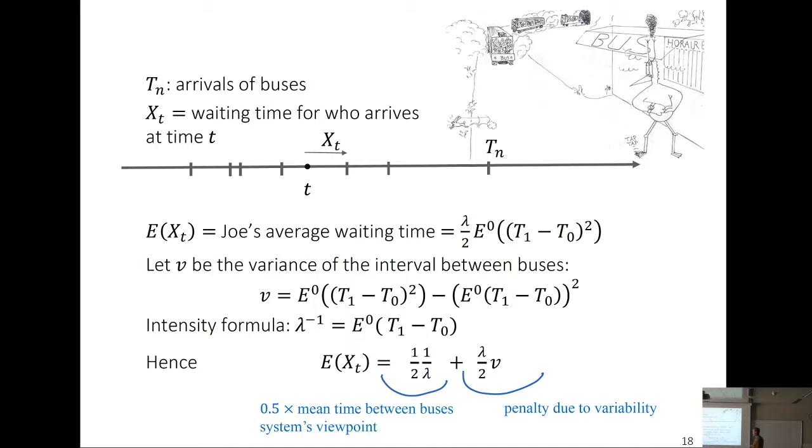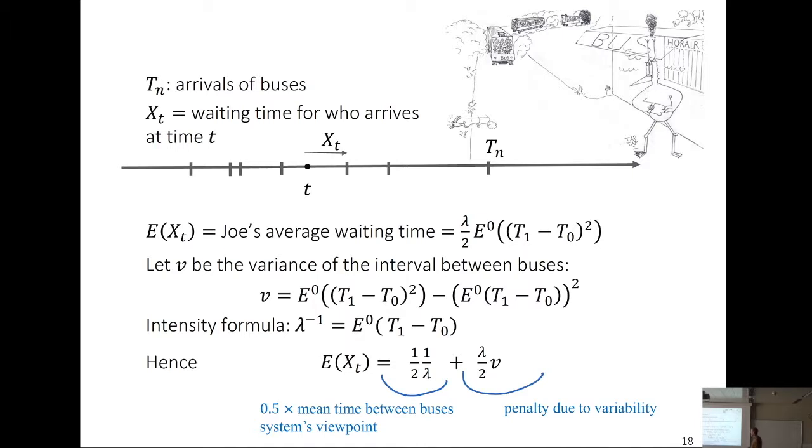And by the intensity formula, the mean is 1 over lambda. So if I plug all of this together, I obtain that the expectation of x of t is 1/2 times 1 over lambda plus lambda over 2 times the variance here. Right, so elementary manipulations of the formula.